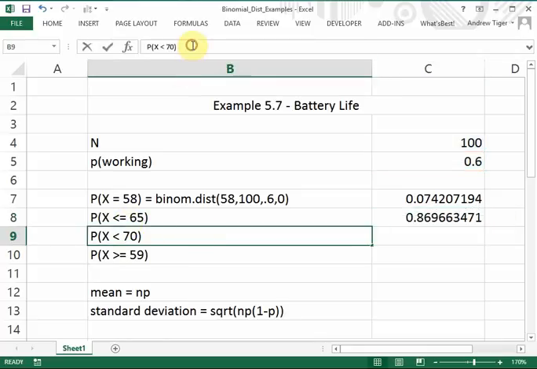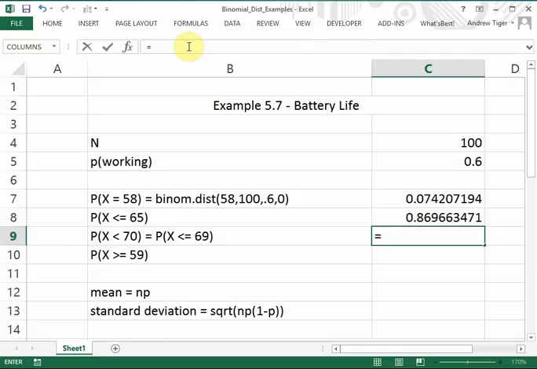The next one is the probability that x is less than 70. Well, how we are going to solve for this, since we've got a strictly less than, notice the difference between this one and this one. When you've got a strictly less than, you need to replace this with the probability that x is less than or equal to 69. These are equivalent statements, and we can code that one up.